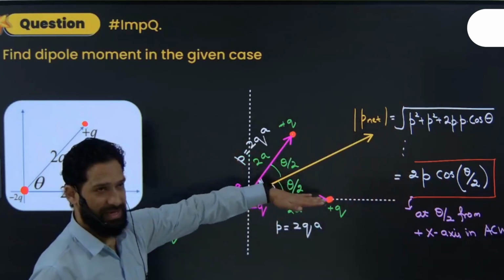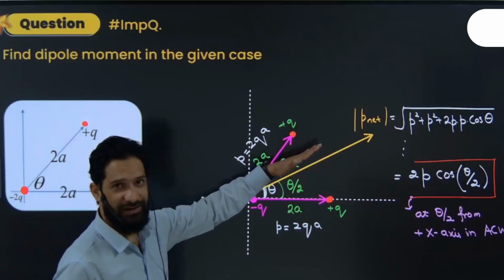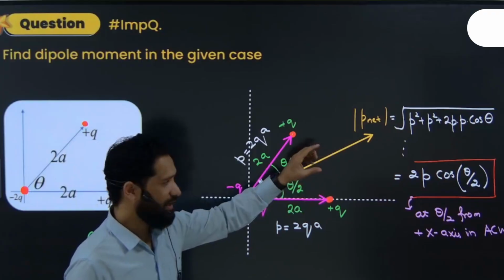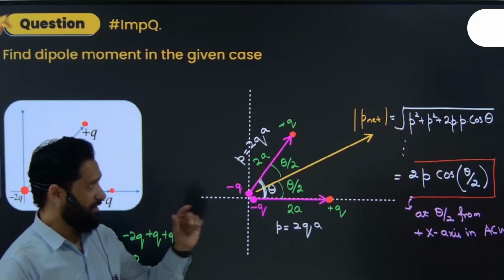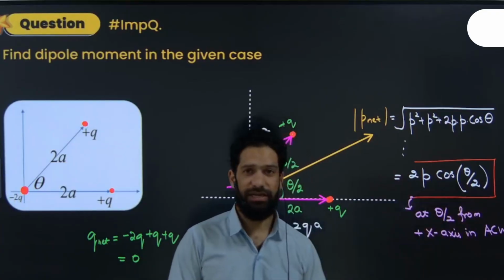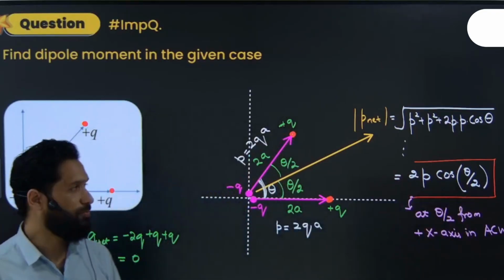So you have to go from the x-axis in the anti-clockwise direction at half of the theta. If this is 60, you will go at 30 degrees, and there is the net dipole moment, the magnitude of which is 2p cos theta by 2. Is that clear? I hope it's clear here.